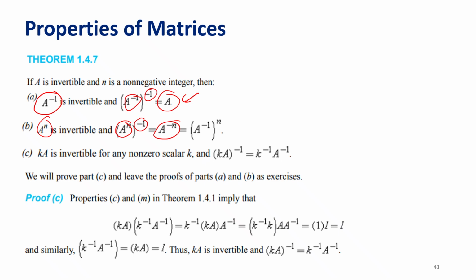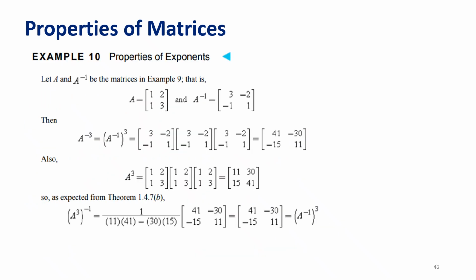And then k multiplied by A, when A is invertible, the inverse of kA is k to the power of minus 1 multiplied by A inverse. This is an example of the previous properties. You can exercise and try calculating it.